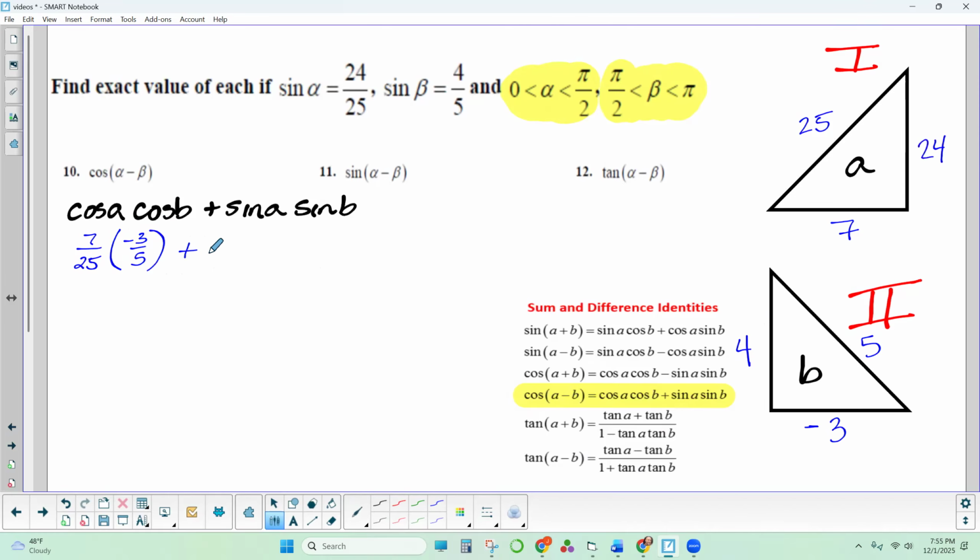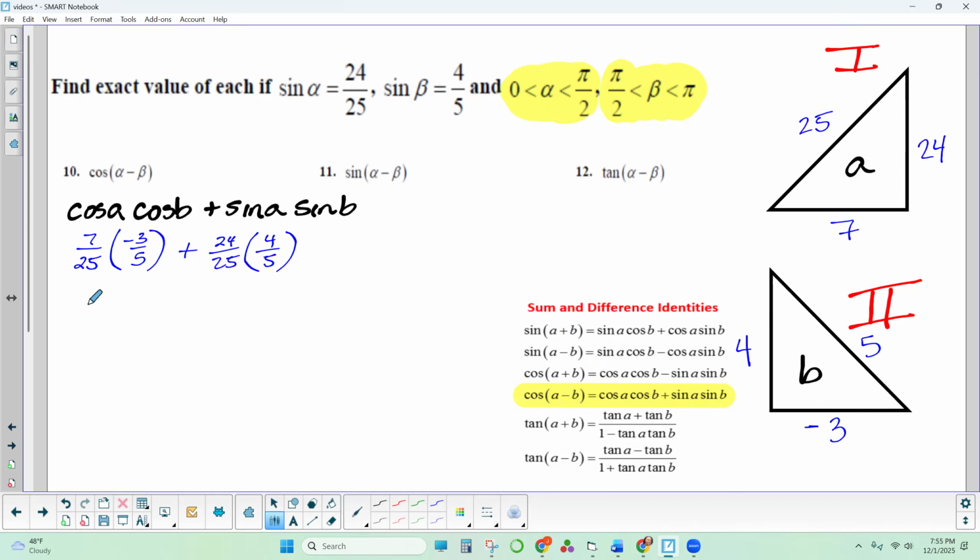Then I'm going to add that to sine of a, which is y over r, 24 25ths, times sine of b, which is 4 over 5. And there you go. So now we're just going to multiply this and add them together.